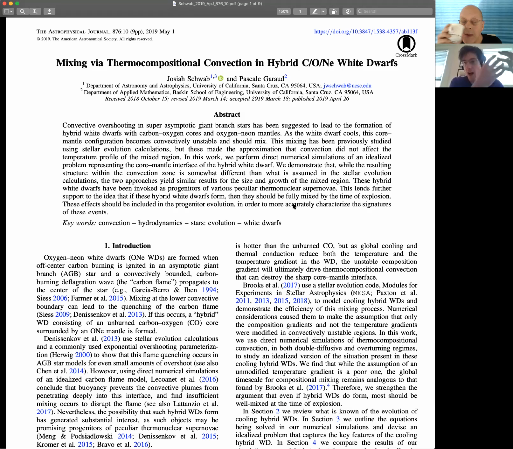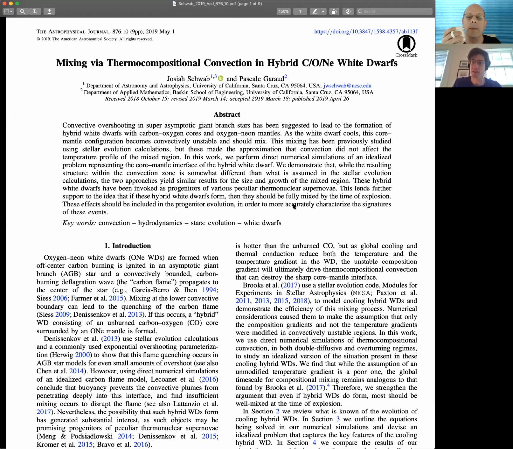And the way you make an oxygen neon white dwarf is by taking a carbon-oxygen core that's formed in a star and having an off-center carbon ignition, where this carbon burning progresses inwards and converts what was a carbon-oxygen core to an oxygen neon one. And something that's been proposed is that that process starts but is not fully successful.